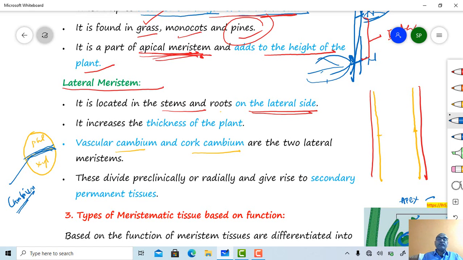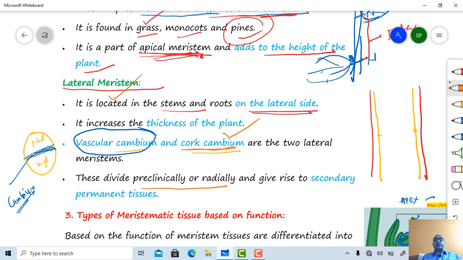As it is present within a vascular bundle, it is called vascular cambium. Another cambium, present in the periderm, is called cork cambium, which brings about extrastellar secondary growth.